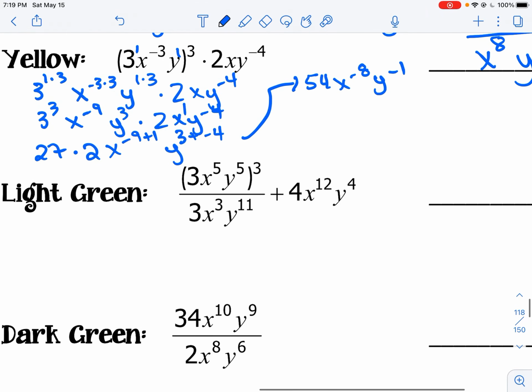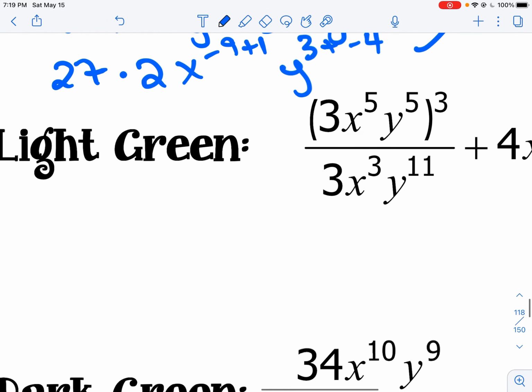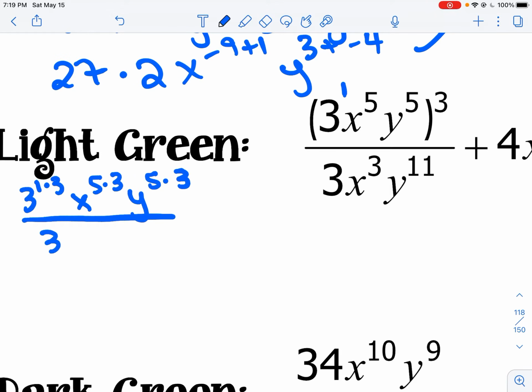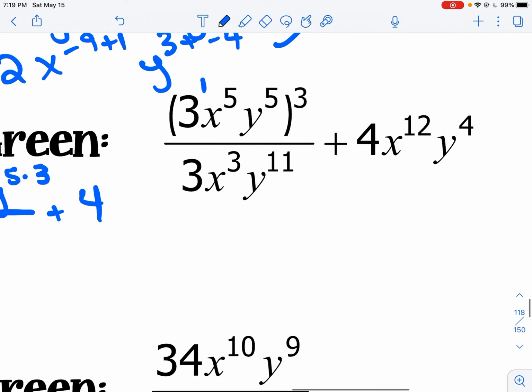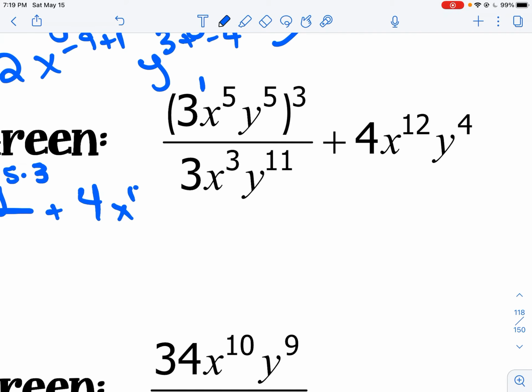Okay, again with this one, we have to do the exponent first. There's an invisible little 1 right there. So 3 to the 1 times 3, x to the 5 times 3, y to the 5 times 3, over 3 x to the 3rd, y to the 11th, plus 4 x to the 12th, y to the 4th.